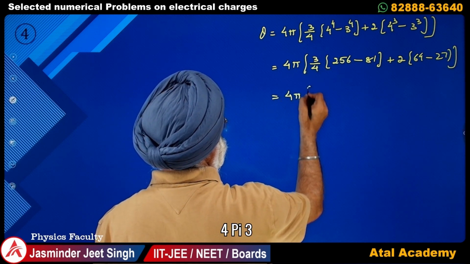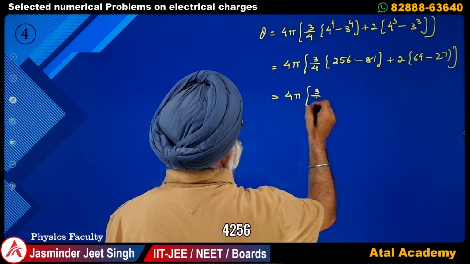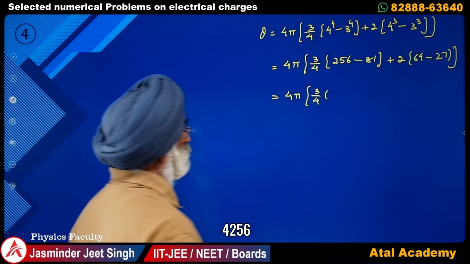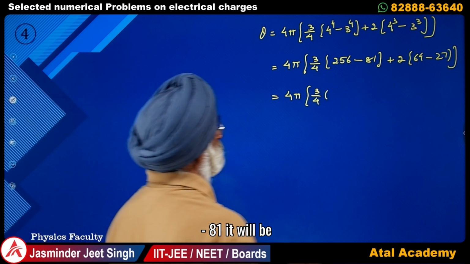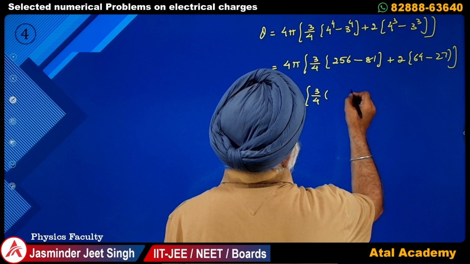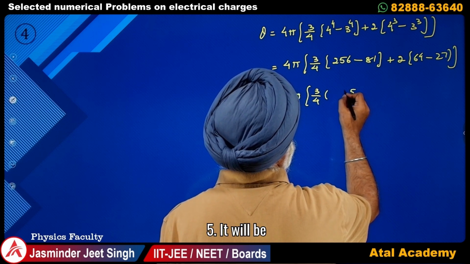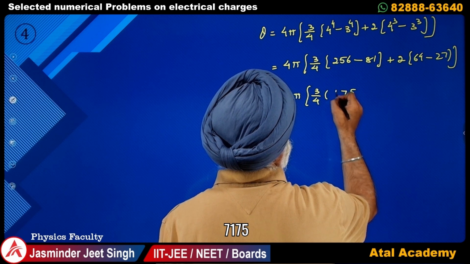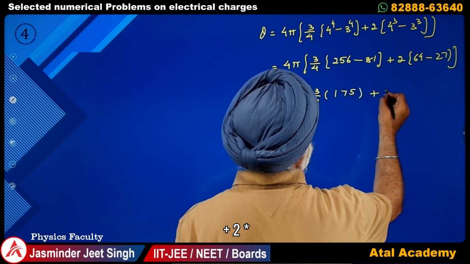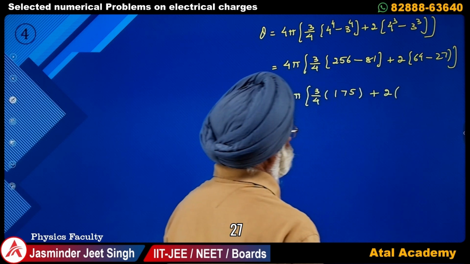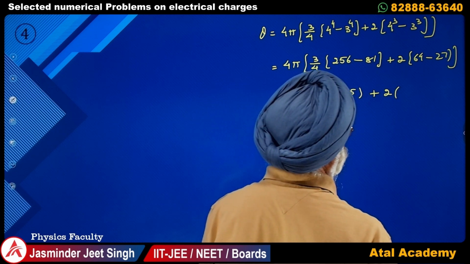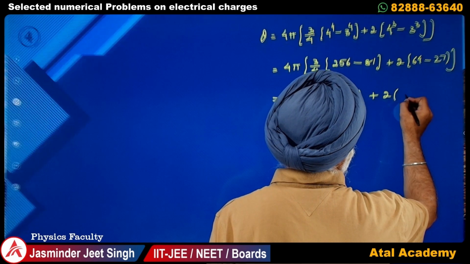So 4 pi, 3 upon 4, 256 minus 81 will be 175, plus 2 times 27, that is 37.